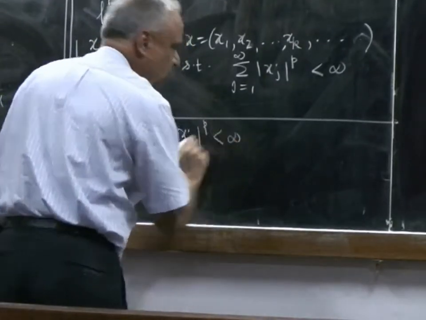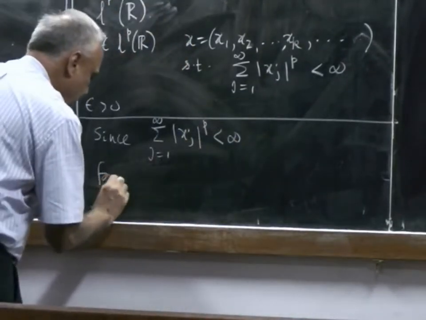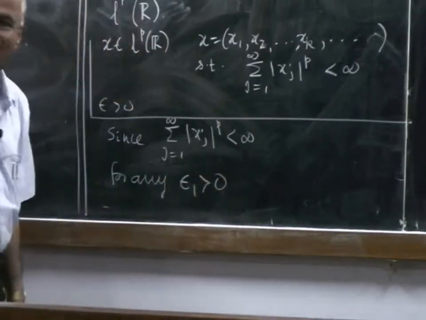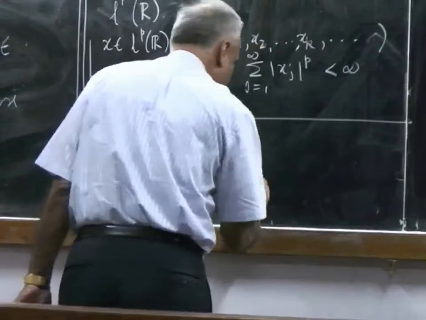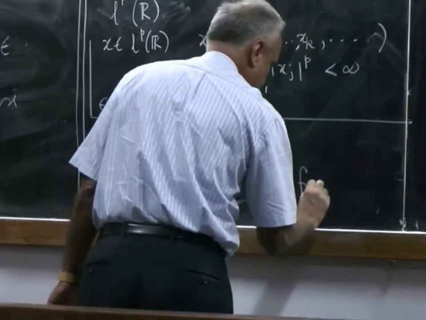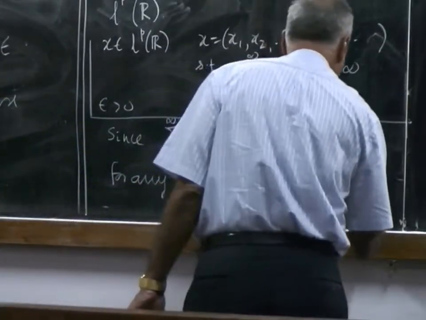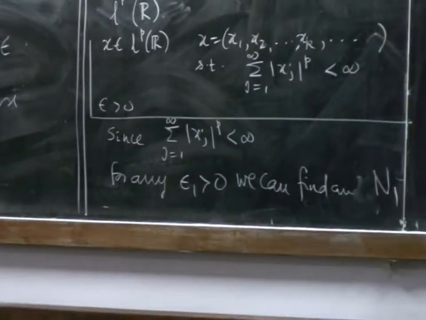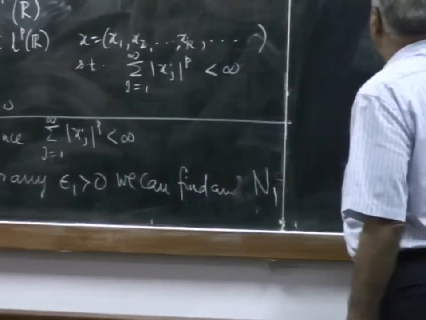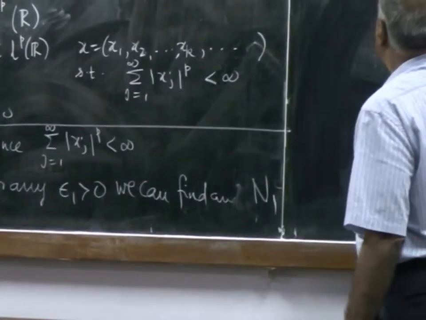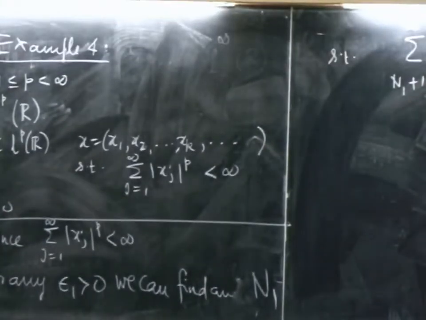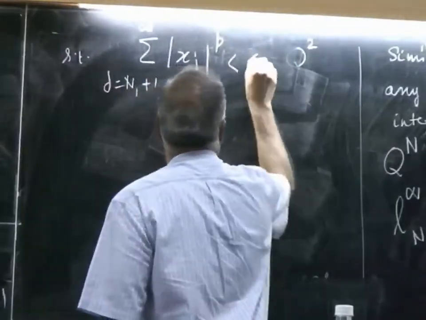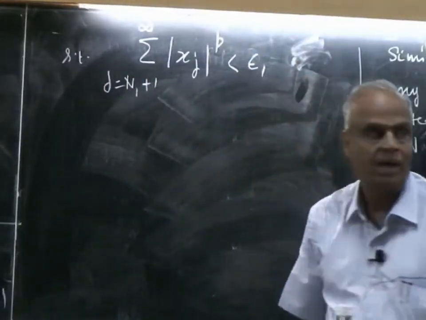is less than infinity, for any epsilon 1 positive, again I will adjust epsilon 1 later, we can find an n1 such that if we now look at the series after the n1 plus 1th term, that can be made less than epsilon.